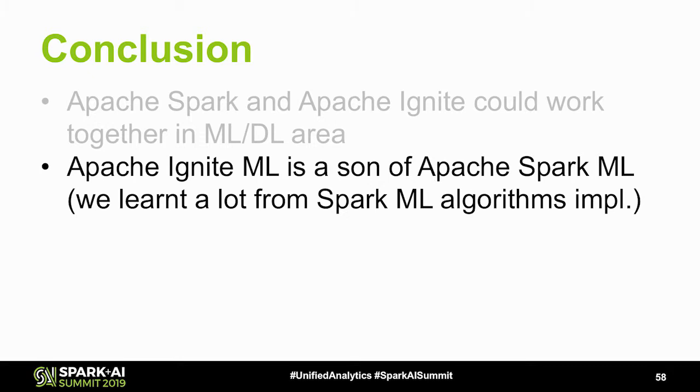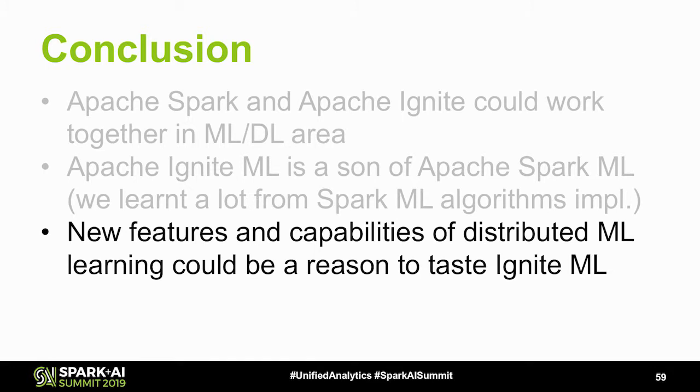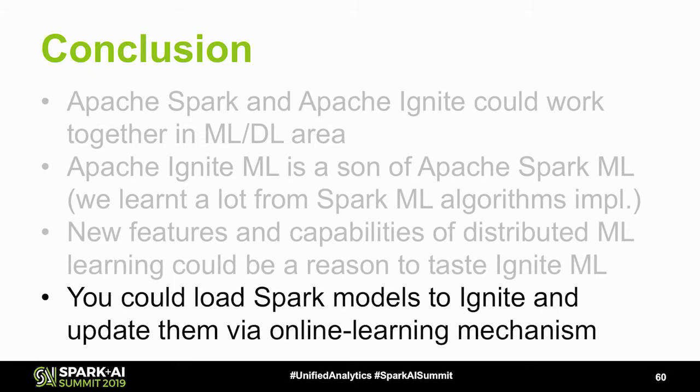I hope that we did it. New features and capabilities of distributed ML learning could be a reason to try Ignite ML, I hope. And you could load Spark models to Ignite and continue your work with them via online learning algorithms, etc.